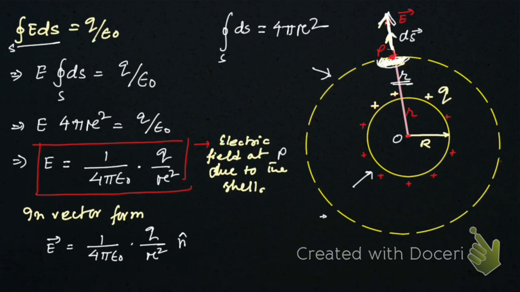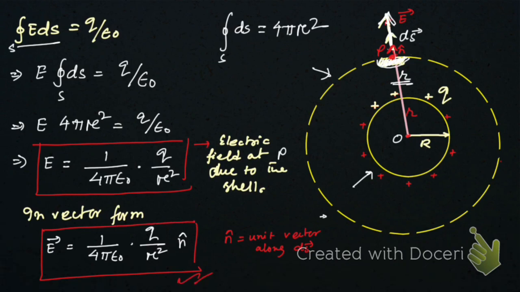So what is n cap here? n cap is the unit vector along ds vector, right? So you can imagine that this is the vector form. Hope you have understood this.